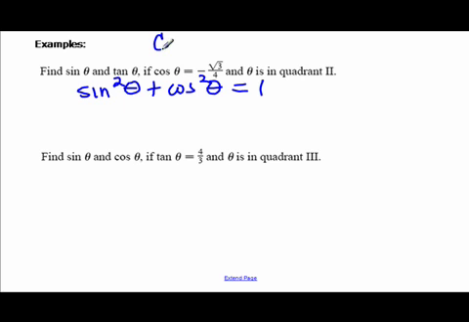And that means that cosine squared theta would be equal to, squaring both sides, negative root 3 over 4 times negative root 3 over 4, which would be positive 3/16. All I did was square the numerator, which gives me 3, and square the denominator, which gives me 16. So let's substitute that in. We now have sine squared theta plus 3/16 equals 1.